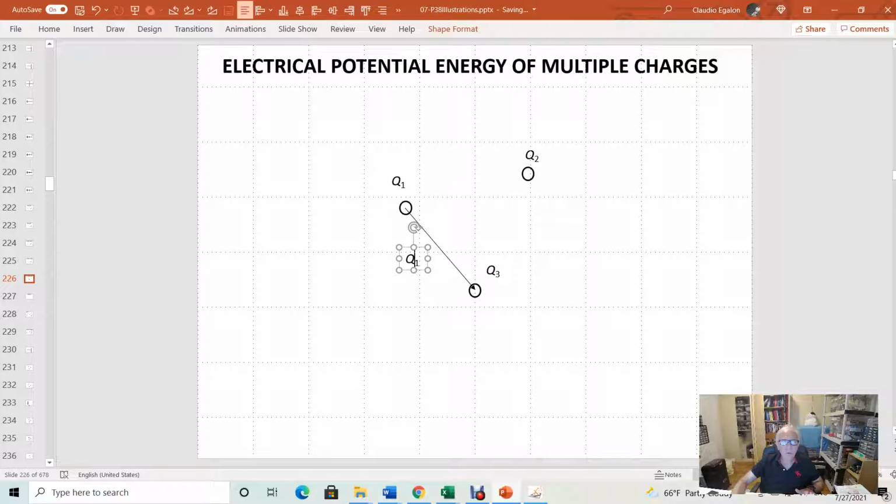You have to know those distances in order to solve this problem. That's going to be D from 1 to 3. That's the notation I'm going to use. This one is going to be D from 2 to 3.